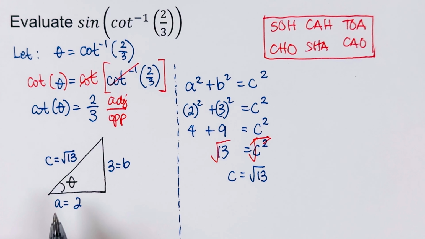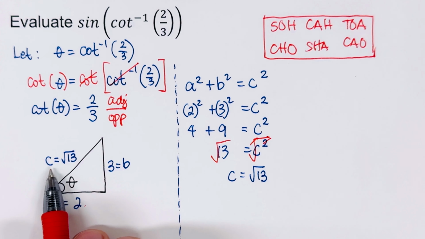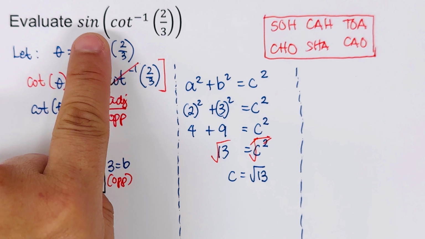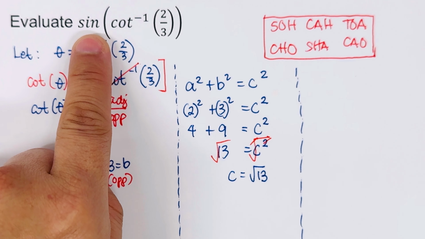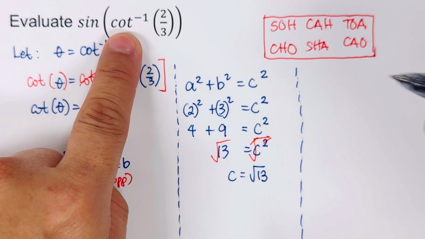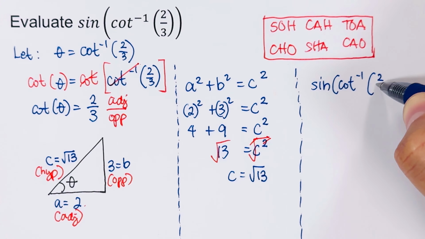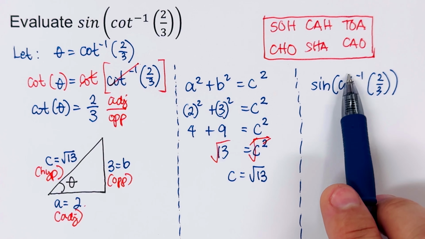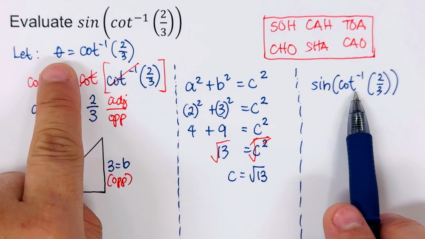Now looking at the triangle right here, this is our adjacent, this is our opposite, and this is our hypotenuse. So in the problem, we're supposed to evaluate sine of arccotangent of 2/3. So I'm going to go ahead and write that up here. Now please notice that this expression that we have inside the parentheses was defined as theta at the beginning.